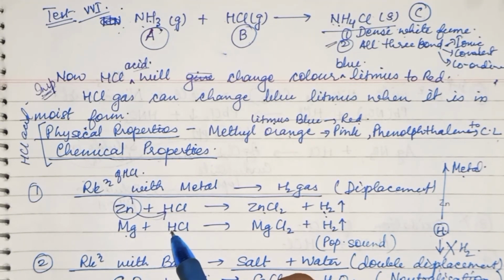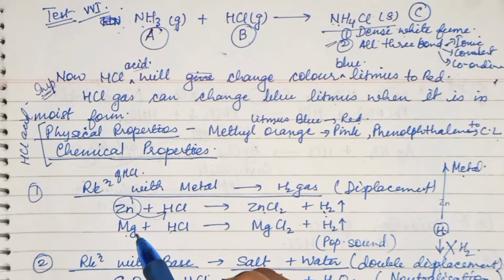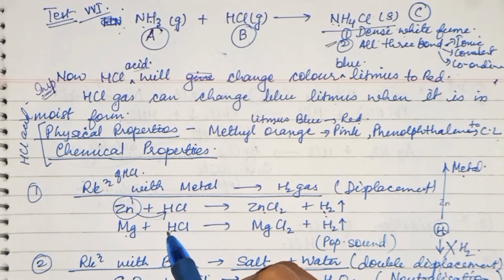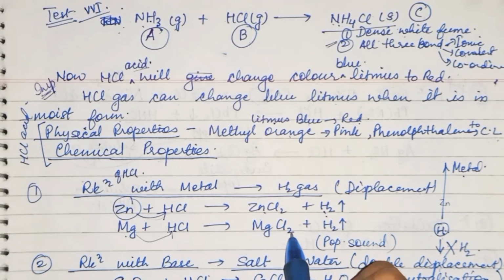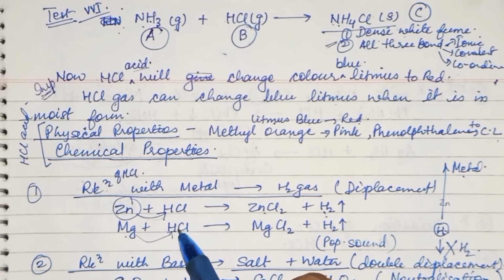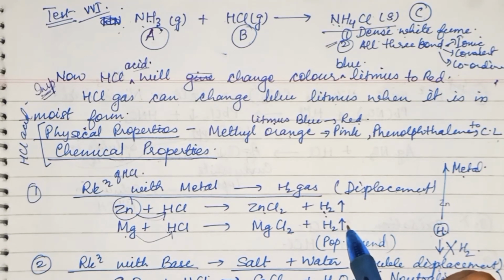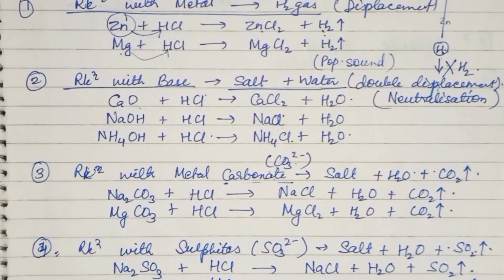Magnesium is more reactive than hydrogen, so it will displace hydrogen and form magnesium chloride, and the hydrogen will form hydrogen gas. Now you all know the test for hydrogen gas: when a burning candle or matchstick is brought near the evolving gas, it will produce a pop sound.